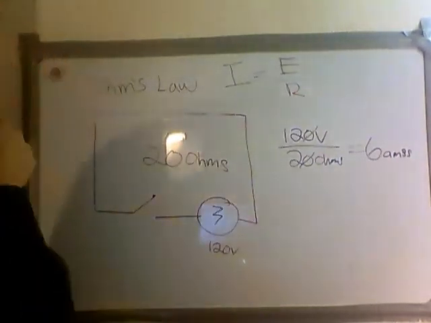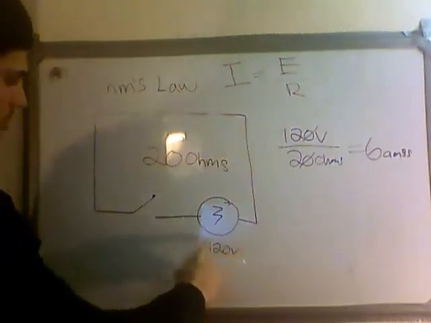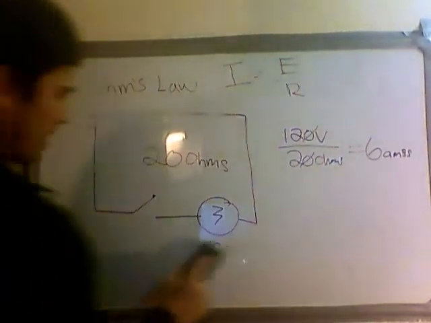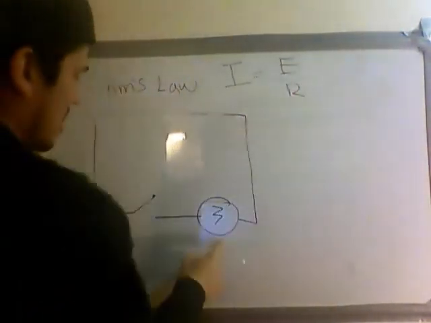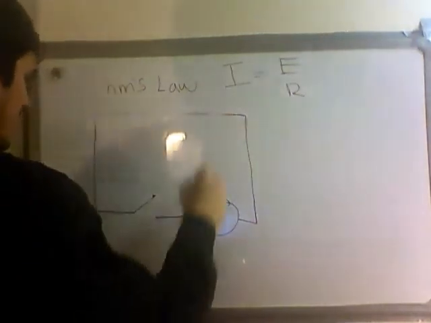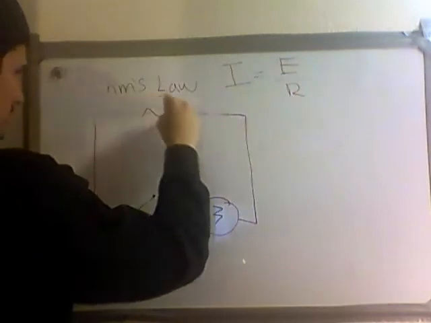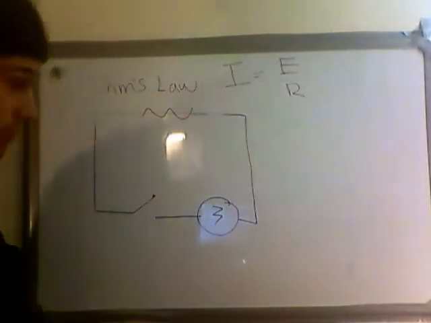And you could do another one where, let's say we didn't know the voltage. So I'm going to erase my 120, erase my 20 ohms, and let's say we didn't know the voltage that was coming out of this power supply, but we knew that the system was pulling, and generally you have a load in here, so let's put a load like that. I guess I probably should have said that sooner.